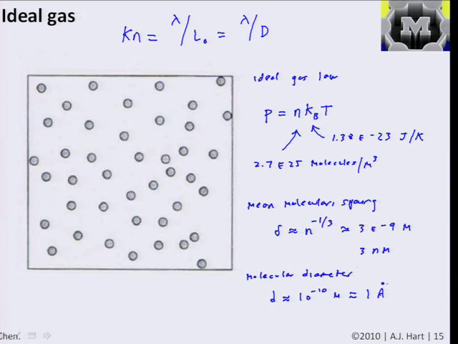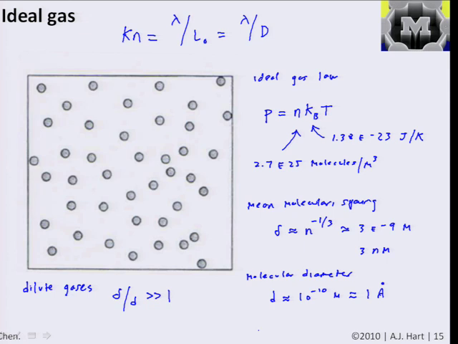Based on this, we're going to say that we're dealing with dilute gases. The definition of a dilute gas is one where delta divided by d, the average spacing between the molecules divided by their diameter, is much larger than 1. In this case, it's about 30.